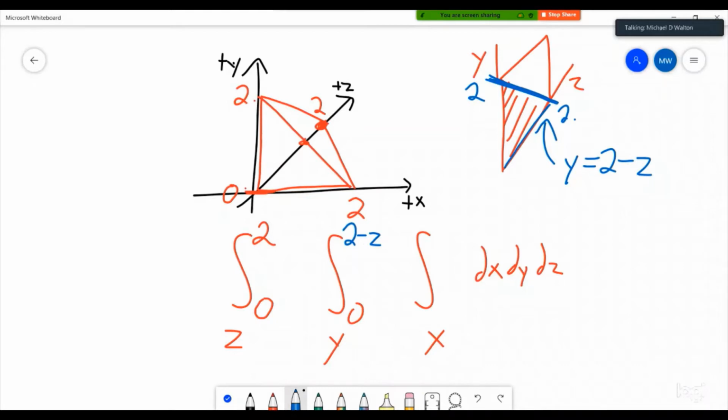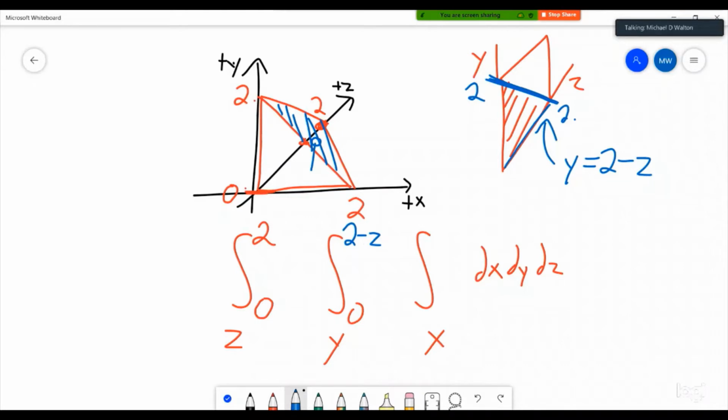The next challenge is then when we add in x, we could be here and it would go up to some random point here in the middle of that triangular slice. So we have to figure out what plane is our upper bound for x. So we are trying to figure out what plane is this that's right there.